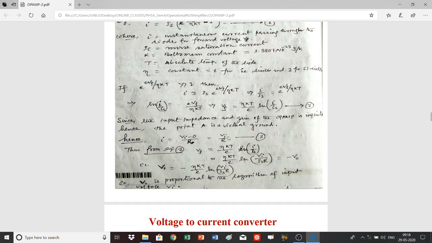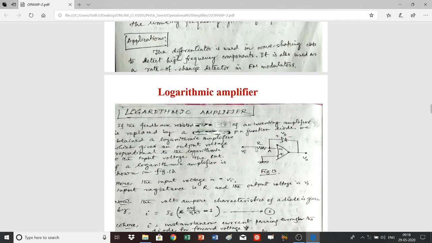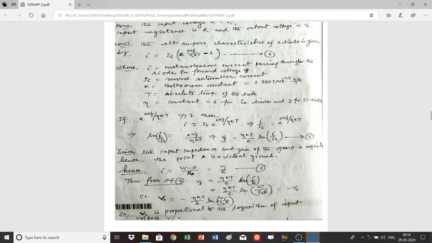Now substituting the value of I in this equation, you will get Vf is equal to ηkT by e ln(Vi by Is R), and you know that Vf is nothing but V0, so it is equal to minus V0. Why is the negative sign introduced here? Because the input is given to the inverting input terminal.